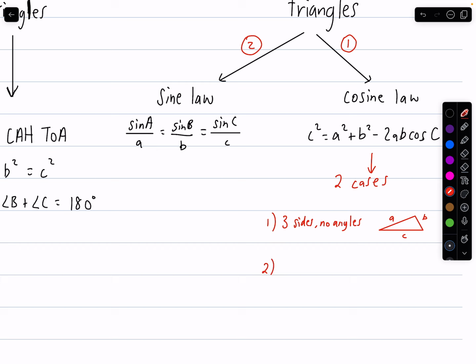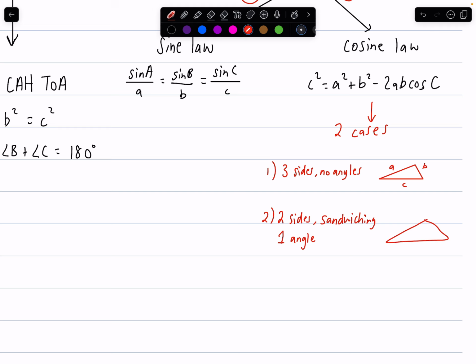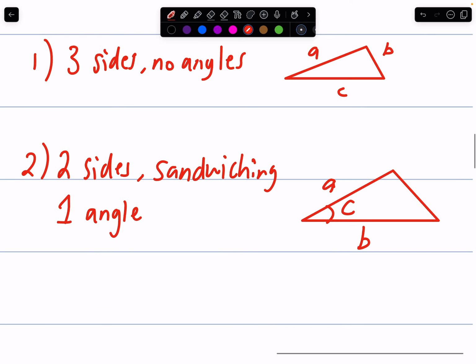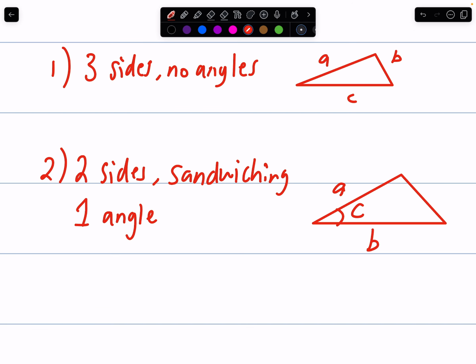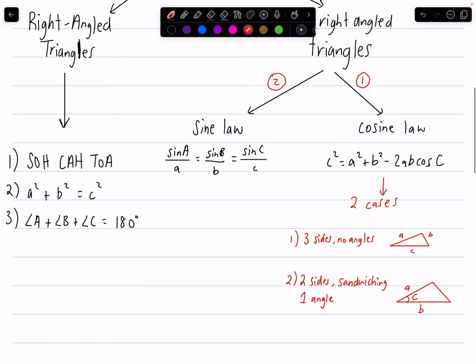The other case is if you have two sides sandwiching one angle. So if you have a non-right angle triangle, you have two sides, let's say this is A and B, and they're sandwiching an angle C. If you have these two cases, you are for sure going to be using the cosine law.